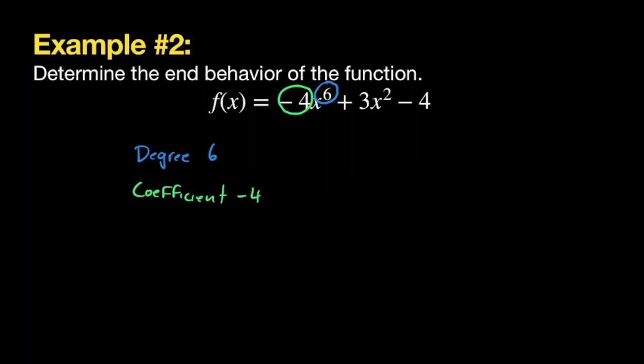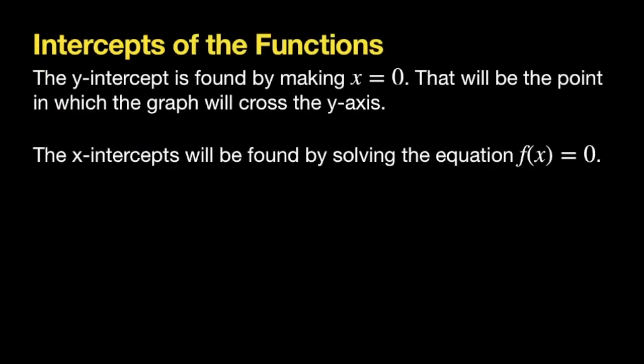So for this problem, we know that because it's even, 6 is an even number, they need to either go both to the positive side or both ends go to the negative side. But because it's negative, we know for sure that they both have to be going to the negative side. So that's what we're paying attention to, both going down.